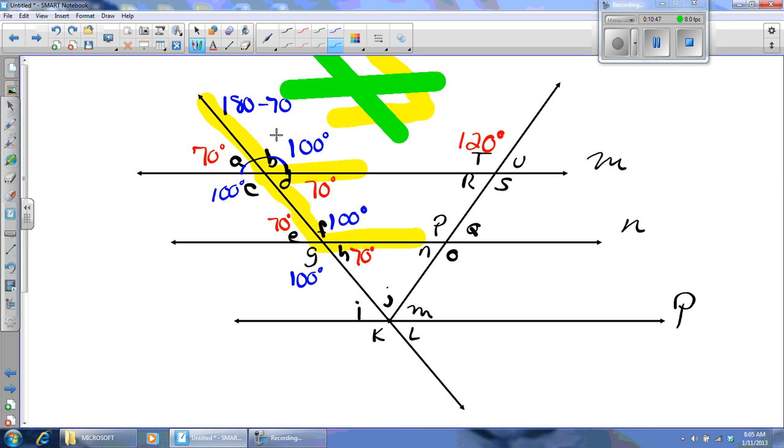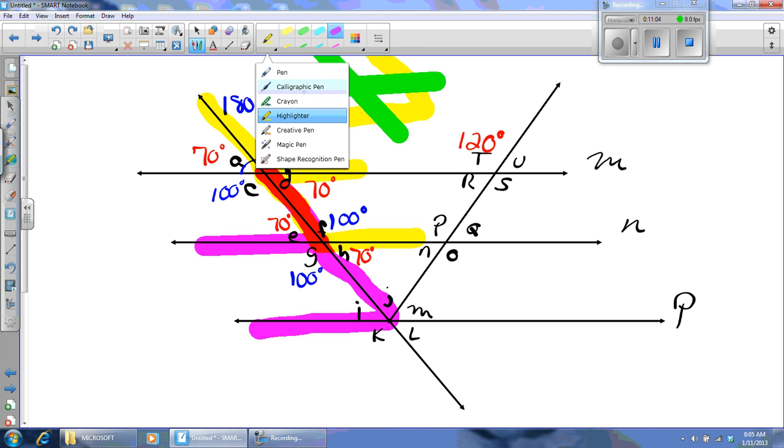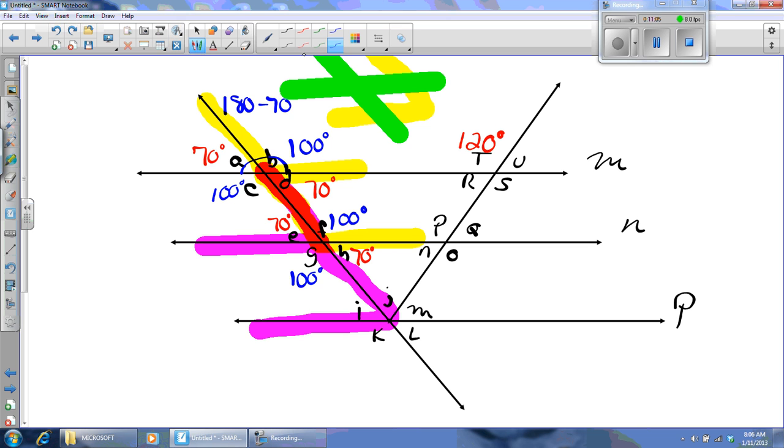Okay, it looks like I've got another F going on here. You can see my F. Let's see here, it's upside down and backwards. Looks like angles E and I are the same, so they are also congruent.